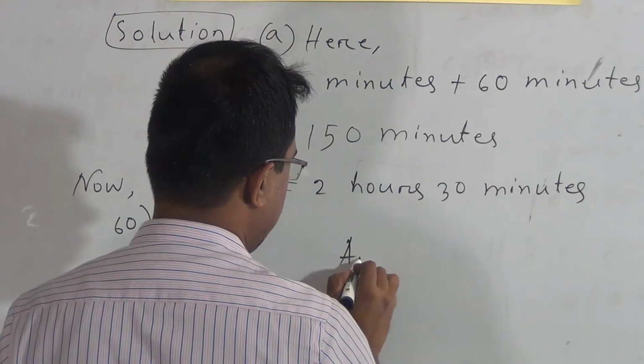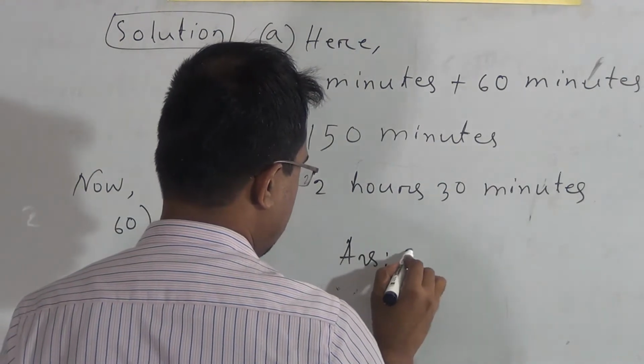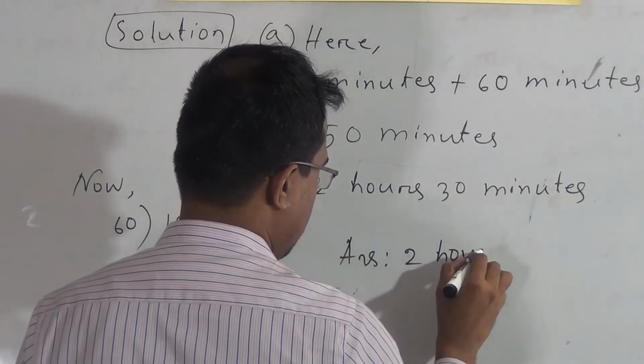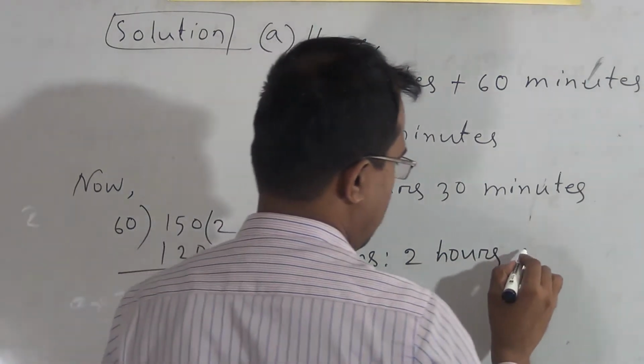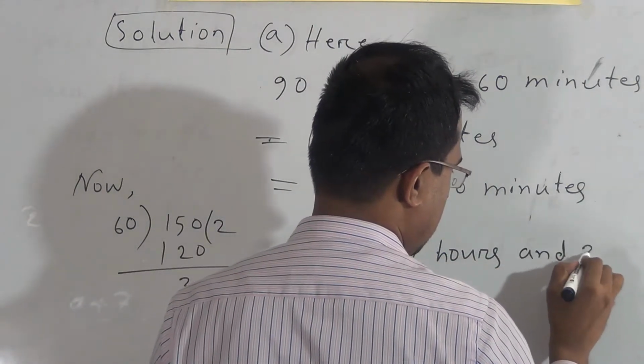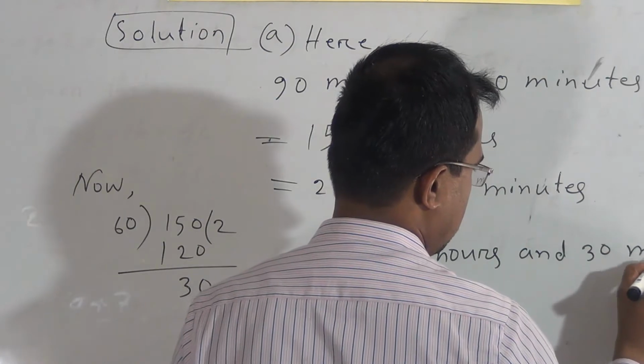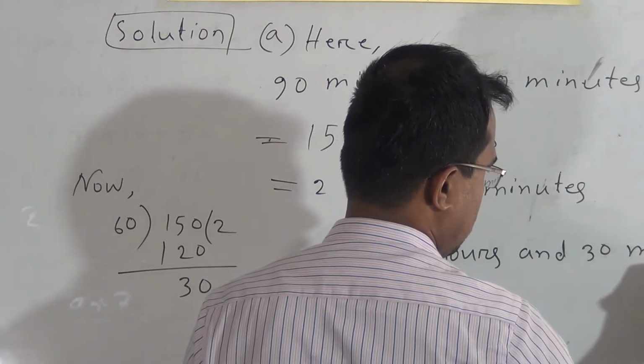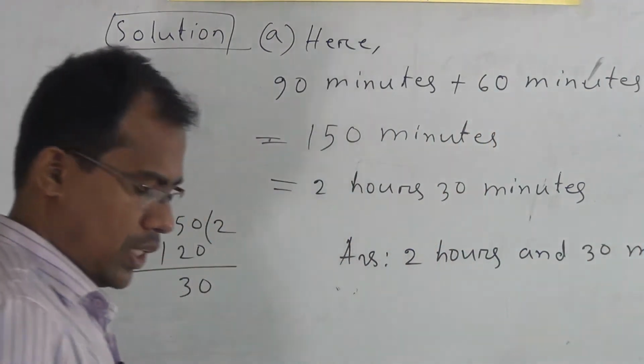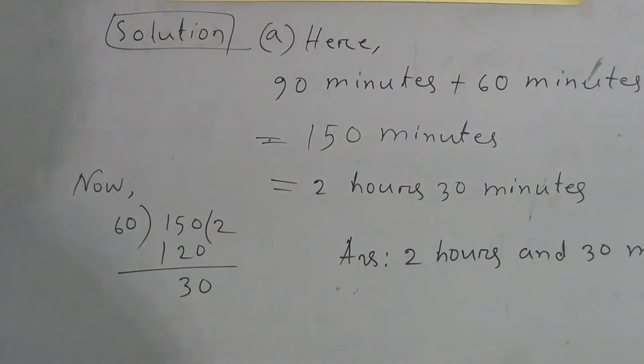And the answer will be 2 hours and 30 minutes. We have solved A number question. Now we will solve B number.